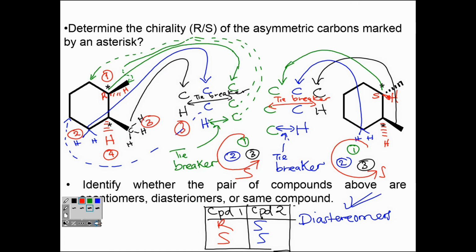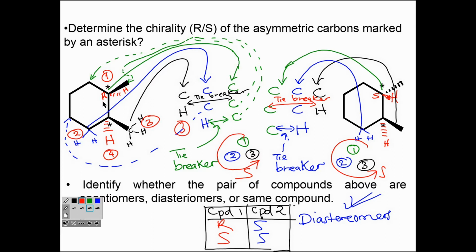Okay, so let's decide what the relationship is between these two molecules based on what we did in the previous slide and on this slide. Write down here compound 1 and compound 2. This is compound 1 and that's compound 2.